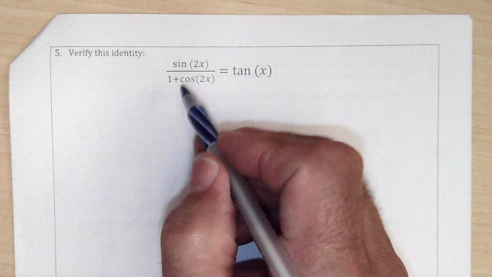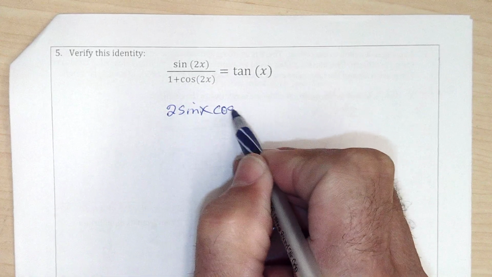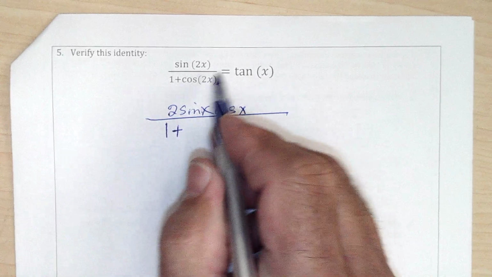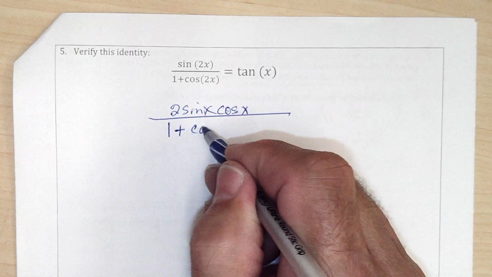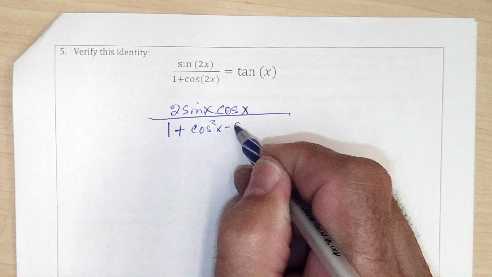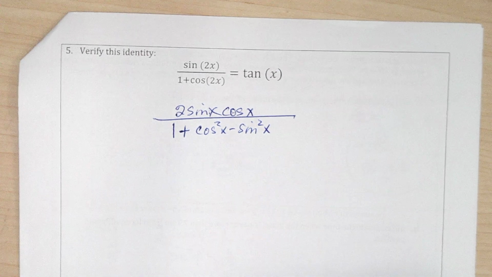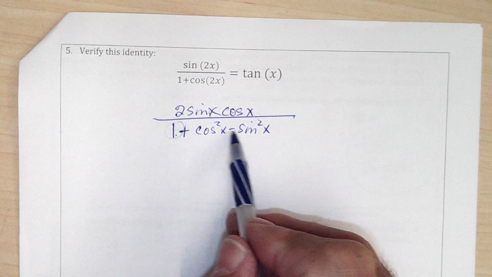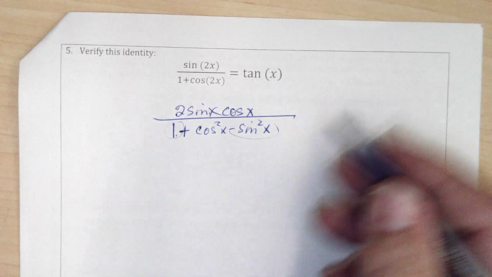Sine of 2x is 2 sine x cosine x. On the bottom, 1 plus cosine of 2x. There's 3 formulas for cosine of 2x. I'll just use the first one: cosine squared x minus sine squared x. If I put this one with this one, 1 minus sine squared is cosine squared.